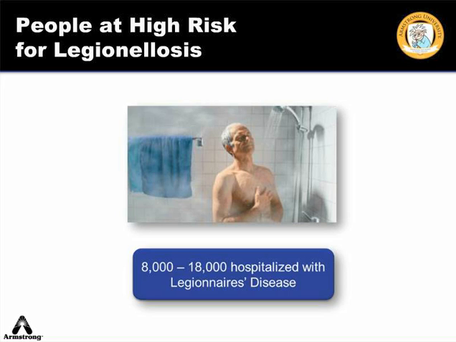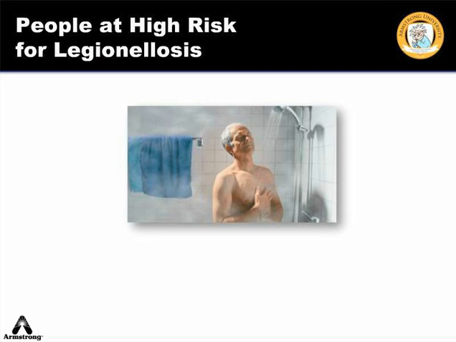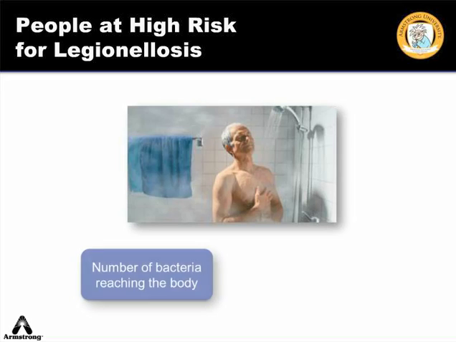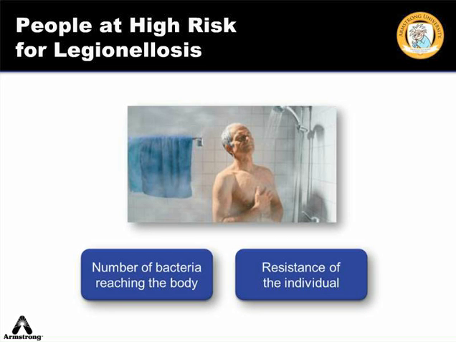People get Legionnaires' disease when they breathe in a mist or vapor, small droplets of water in the air, that has been contaminated with Legionella bacteria. The risk of infection is based on two key factors: the number of bacteria reaching the body, megadoses, and the resistance of the individual.